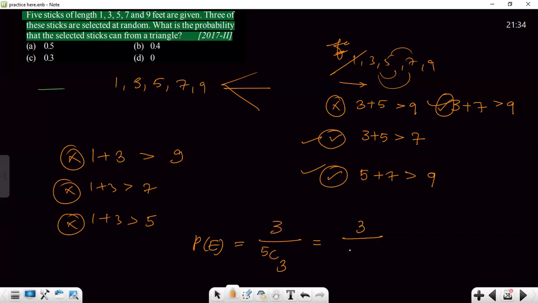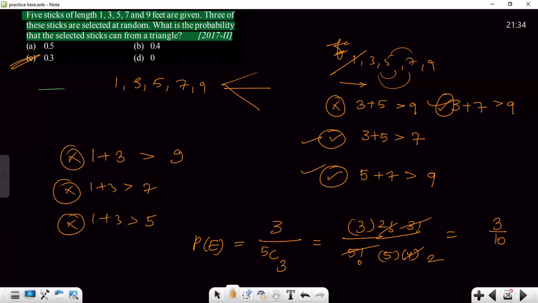Now 3 divided by 5 factorial over 5 minus 3 factorial into 3 factorial. 3 factorial cancels 5 factorial, leaving 5 into 4. 2 factorial cancels 4 by 2. That becomes 3 by 10, which is 0.3.